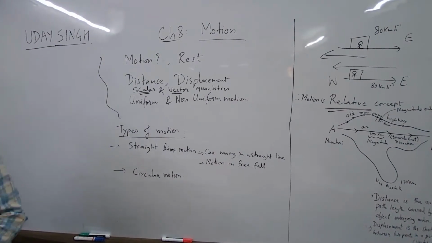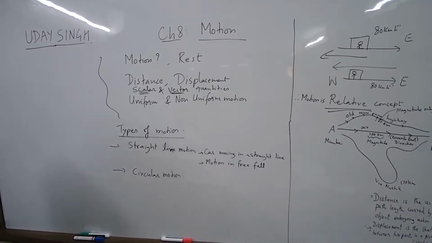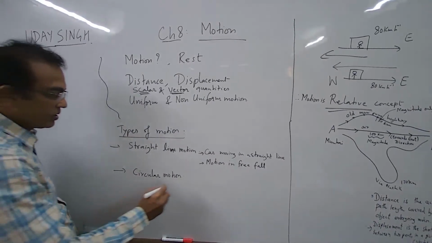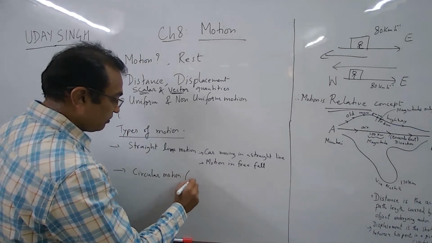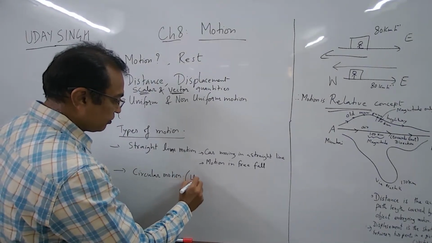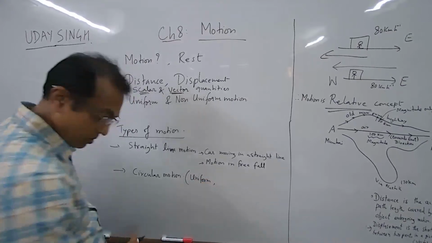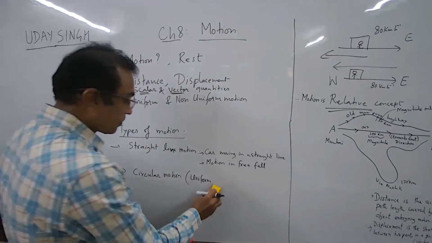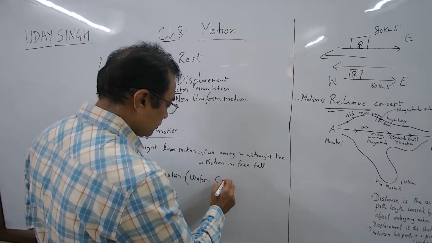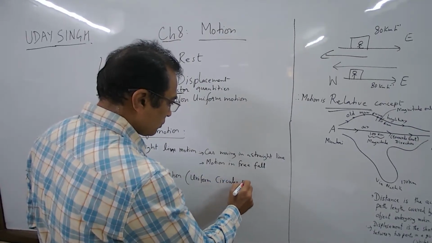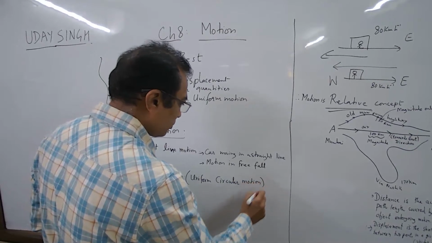It is oscillatory motion, to and fro. And we will learn something called uniform circular motion, which we are going to study.